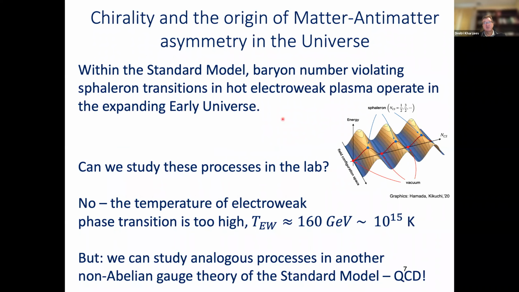If you think about these transitions in the standard model, the Sphaleron transitions, then these transitions violate baryon number. They operate in the expanding universe, which means the system is out of thermal equilibrium. And of course, you also have C and CP violation in the standard model. So in principle, the Sakharov conditions are satisfied.